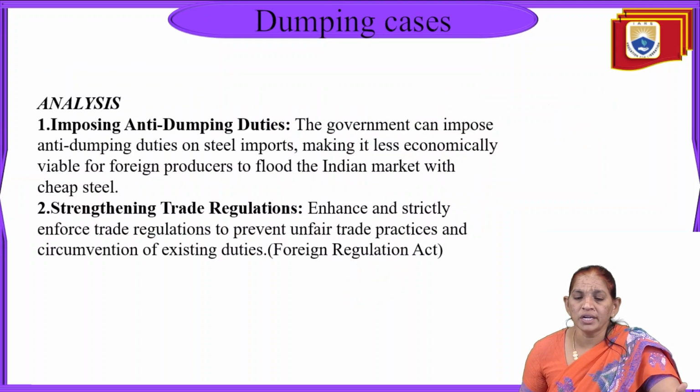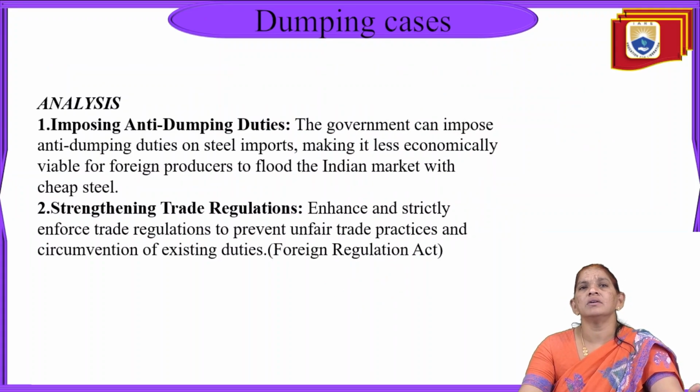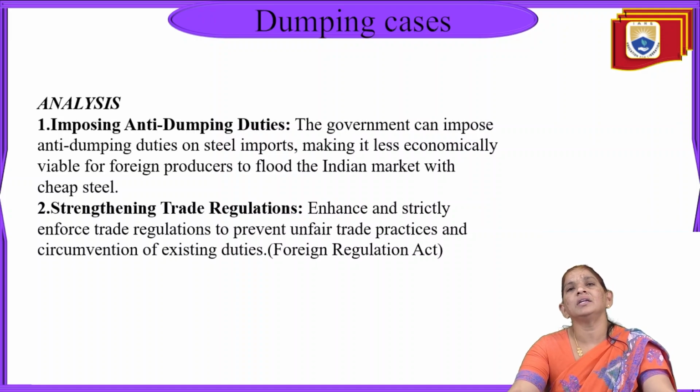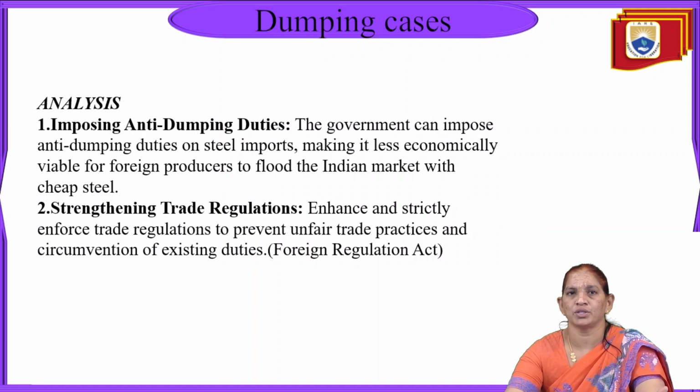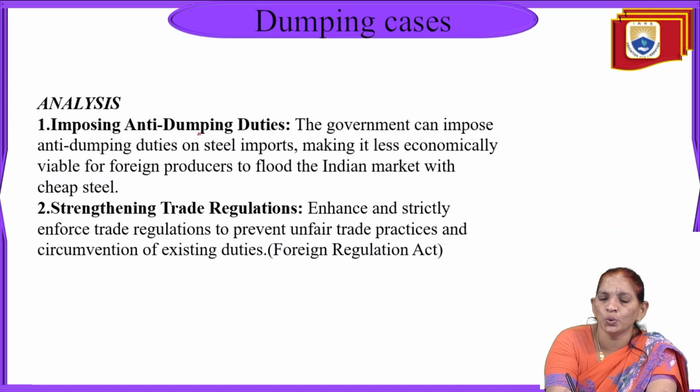So, in this context, we can analyze some anti-dumping regulatory activities relating to Chinese steel manufacturing. In this analysis, we look at imposing anti-dumping duties. Anti-dumping duties are fines, penalties, or increased customs charges on goods exported from other nations.